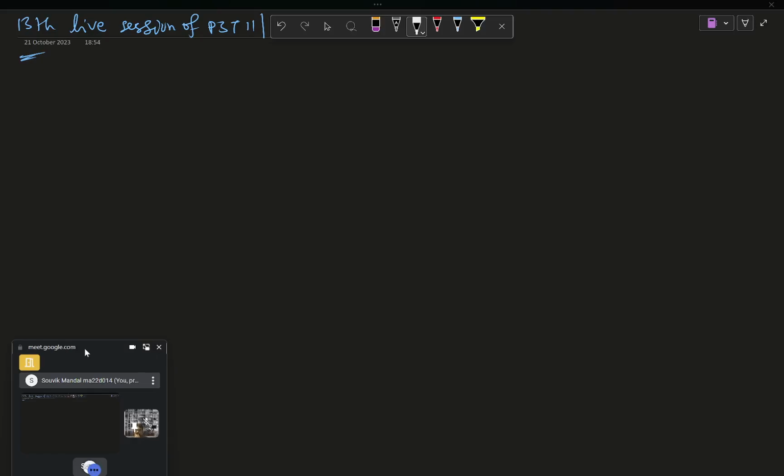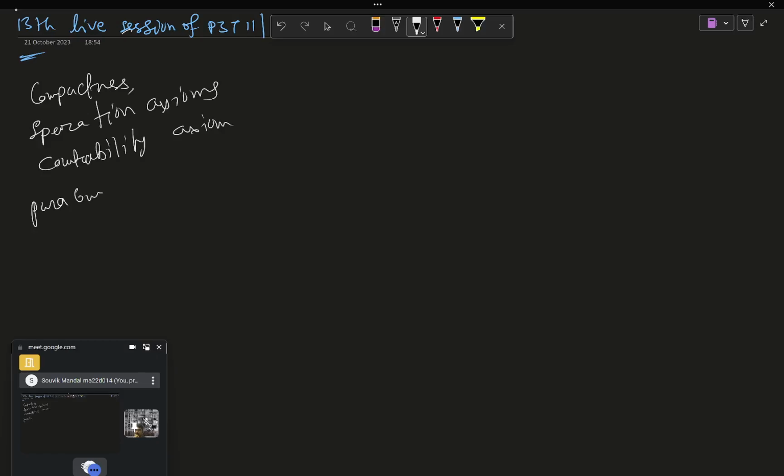First, let's list out all the topics that have been taught through the entire course: compactness, separation axioms, countability axioms, paracompactness, partition of unity, compactification, metrization.